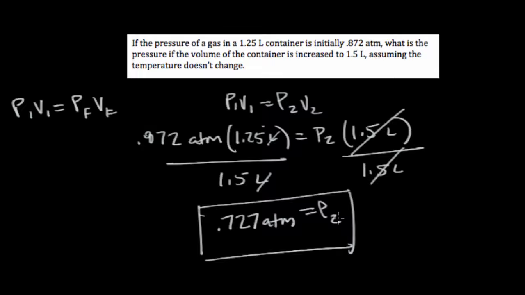And as a final common sense check, this result follows Boyle's law because we increased the volume from 1.25 to 1.5, and so we decreased the pressure from 0.872 to 0.727.